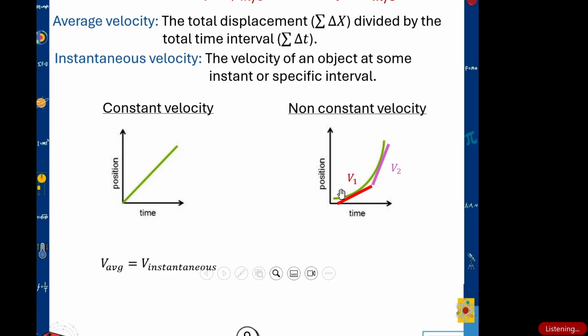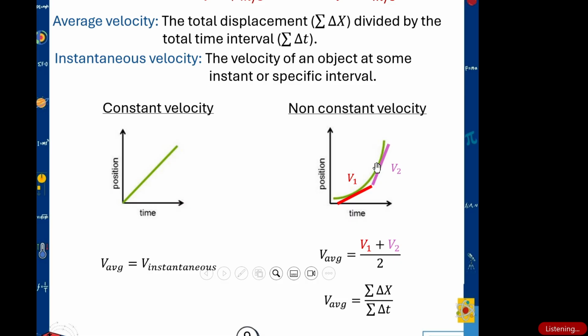But if you want to find your average velocity, there are two possible ways. First way is to add those values, if you have them, and divide them by 2. But if you don't have them, you will sum the positions, which is delta x. For example, v1 has delta x1 from here to here. v2 has delta x2 from here to there.